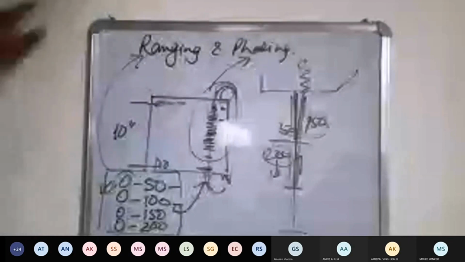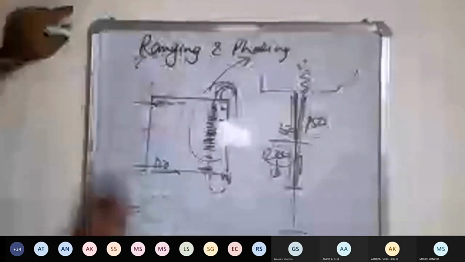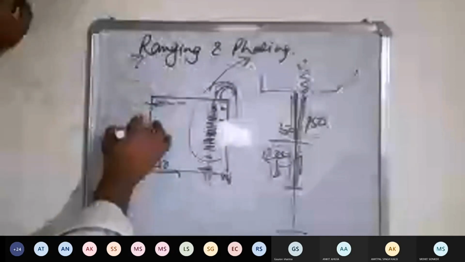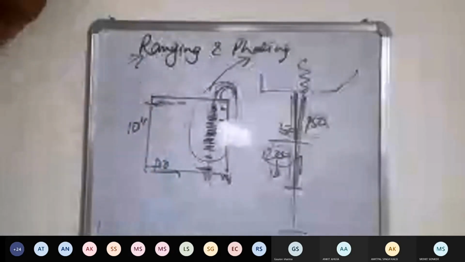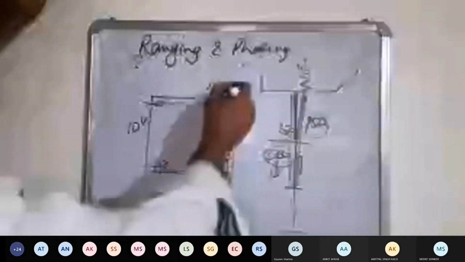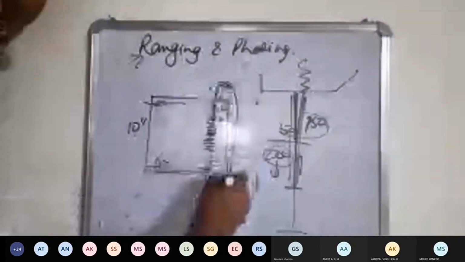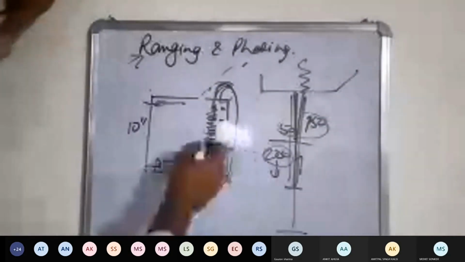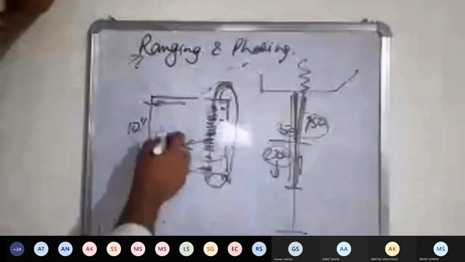So what happens in the case of phasing? The paper is the same, 10 inches. But when we have the phasing, the stylus speed is moving at constant speed.